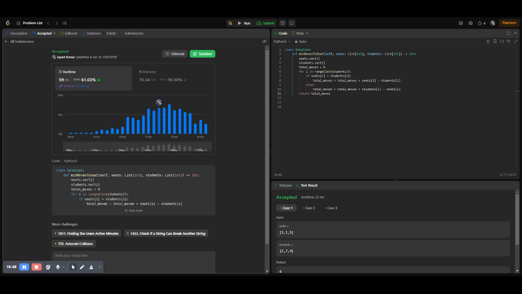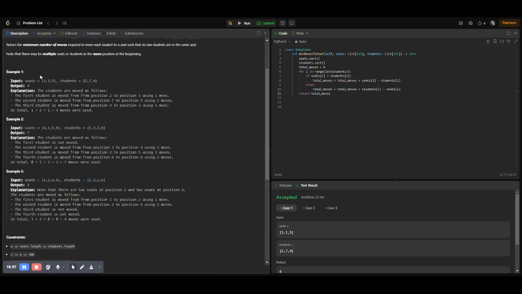If you have any doubt, just try to understand with the vacancy. Suppose you do not consider this seat. Think about the chairs available at positions 3, 1 and 5, and the students sit at positions 2, 7 and 4.